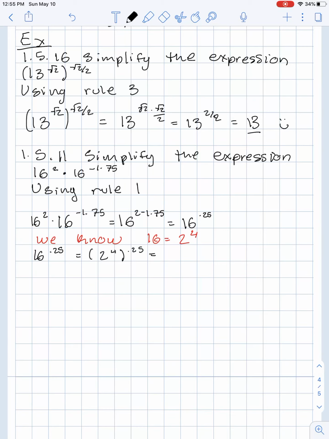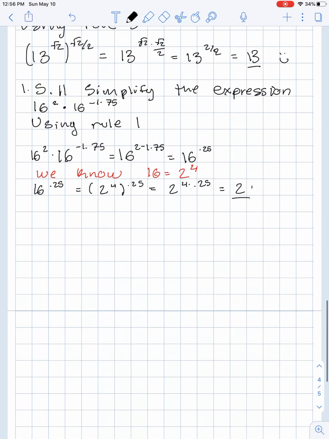I'm going to again use rule 3. So then I can multiply 4 times 0.25. So I'll have 2 to the 4 times 0.25. Well, 4 times a quarter is just 1. So I just get 2. I'm not saying 16 to the 0.25 is wrong. I just can simplify it to just 2, which is a lot more simple. All right.